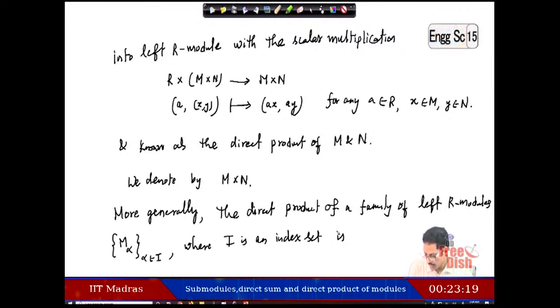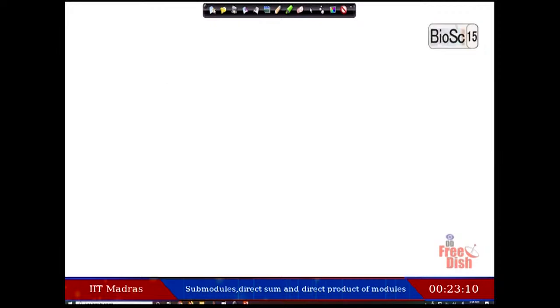The left R module M is defined as the direct product, it is just a notation.